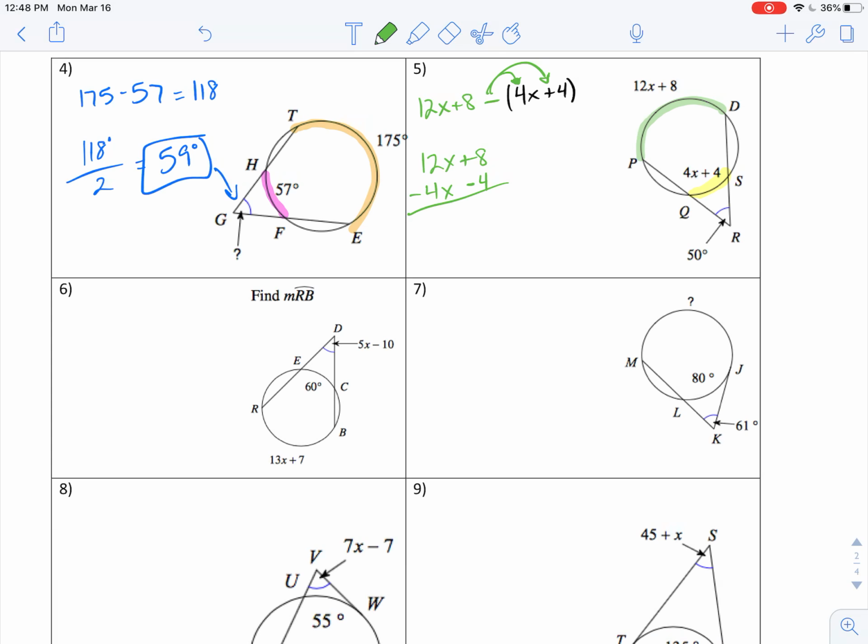So we combine our like terms and we get 8x plus 4. And don't forget, after we do that subtraction, after we combine our like terms, our last step here is we've got to divide by 2. So I'll take this and divide by 2 to get 4x plus 2 equals 50.